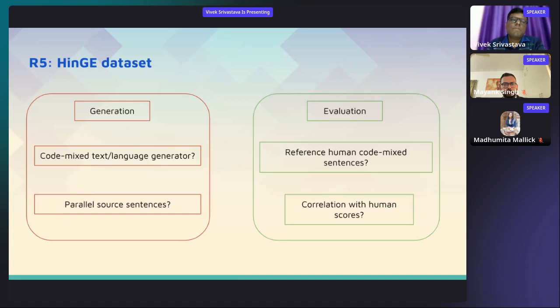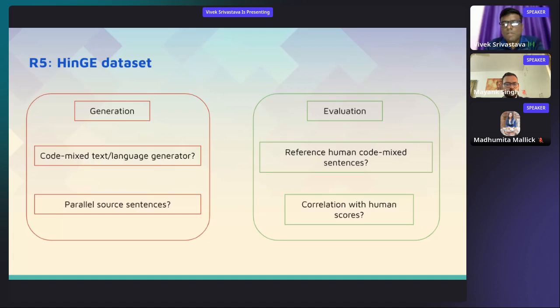These R4 and R5 papers came almost at the same time, so we didn't have access to R4 at that time. So the idea was that we can use the parallel source sentences and write some algorithm so that it can generate the code mix sentence from the parallel source sentences.